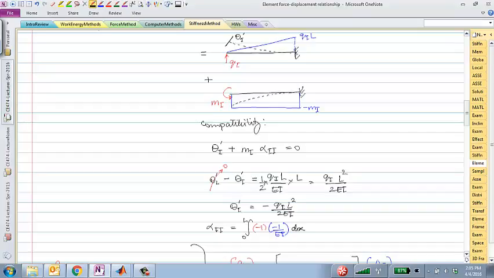Does that make sense? I'm trying to find the rotation at this end now using the virtual work method. So what we get is L over EI, right?